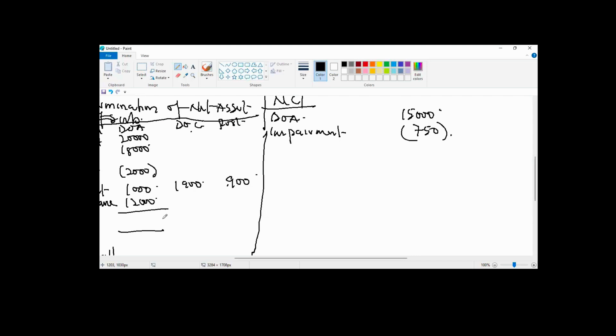Yes, what is the net asset at date of acquisition? 49,000.